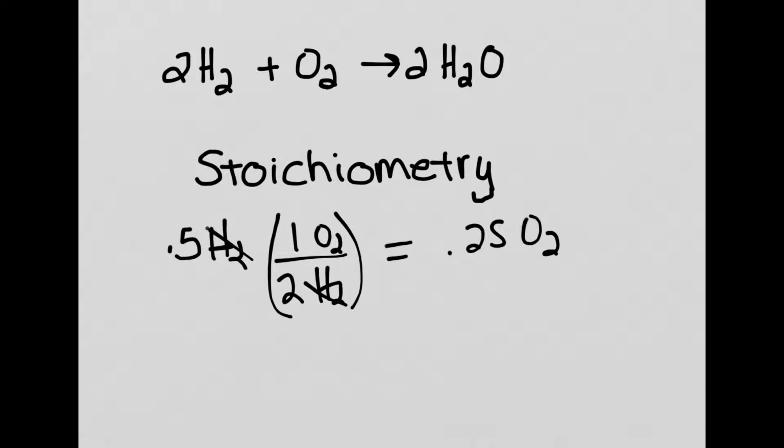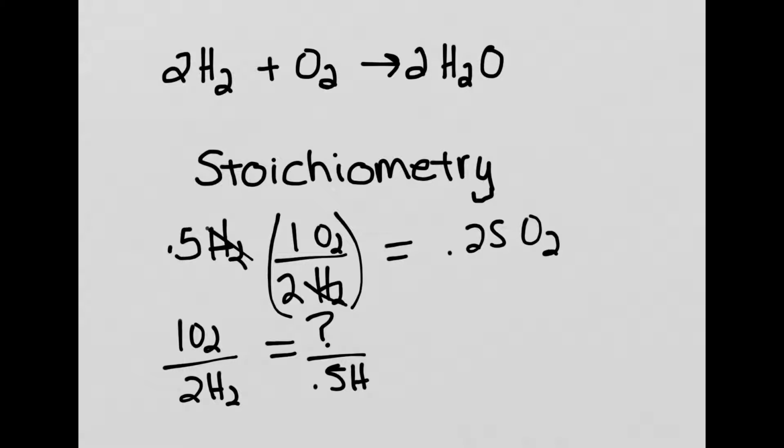So I just want to show you algebraically why that works. Remember, in algebra we'd set up 2 ratios and cross multiply. So we have 1 mole of oxygen for 2 moles of hydrogen. How many moles of oxygen will we get if we have half a mole of hydrogen?